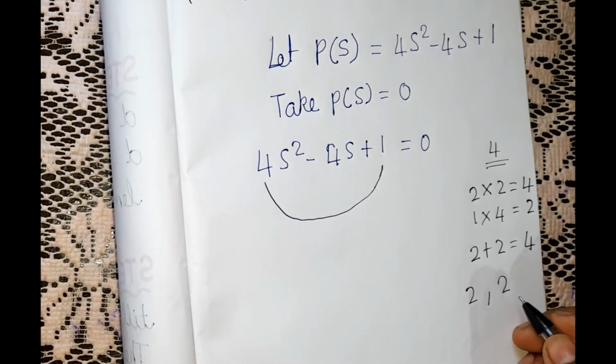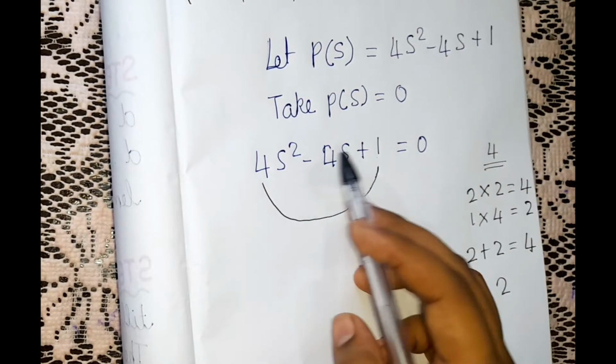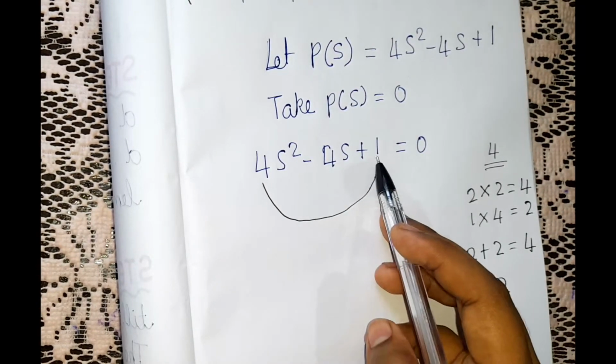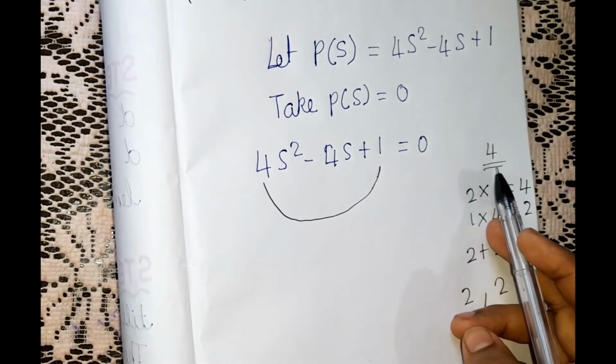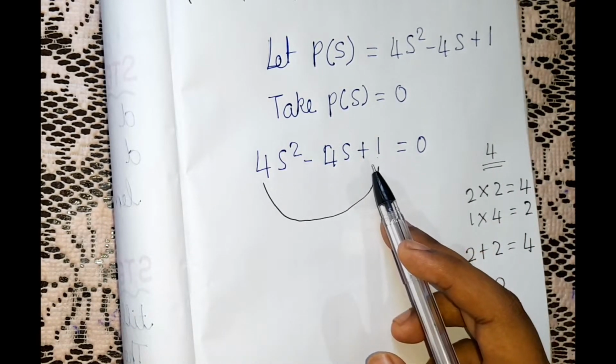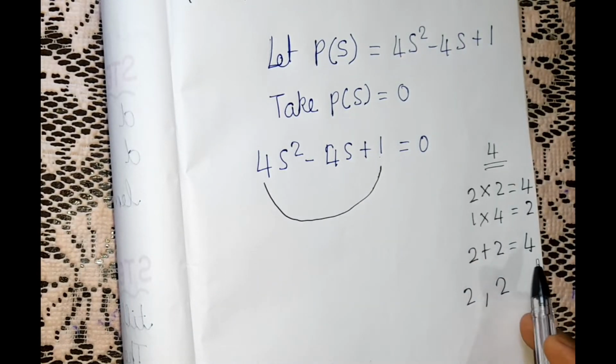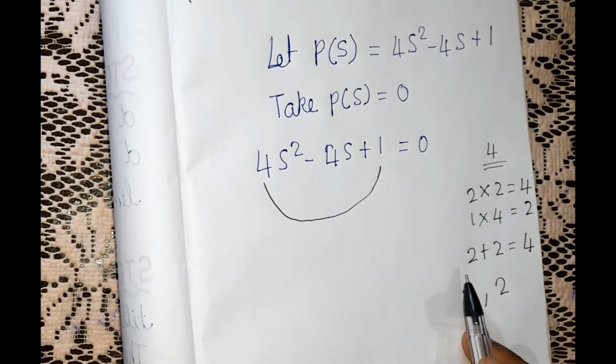We are going to be putting the values in the middle right over here. We did 1 into 4, that is 4, then here it is plus, that means when we add the numbers we should get 4. So when we add 2 plus 2, it is 4. Now we are going to be putting signs for these 2.